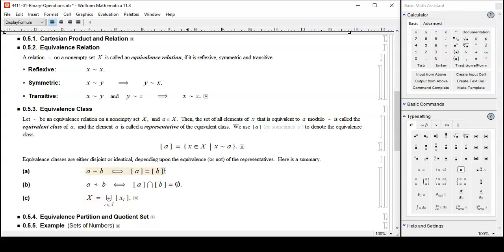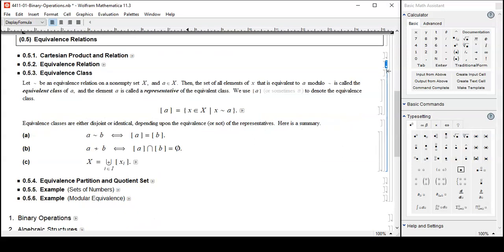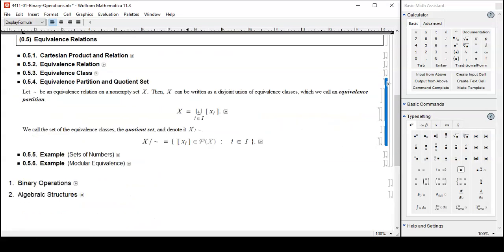So you can discard many of those and take only one of each, and rearrange as x1, x2, x3, and so on. If you do that, then they're all disjoint because of the second property. So we end up with a partition like this, which we call an equivalence partition. And once you have an equivalence partition, you can consider the set of all equivalence classes, which we call a quotient set.